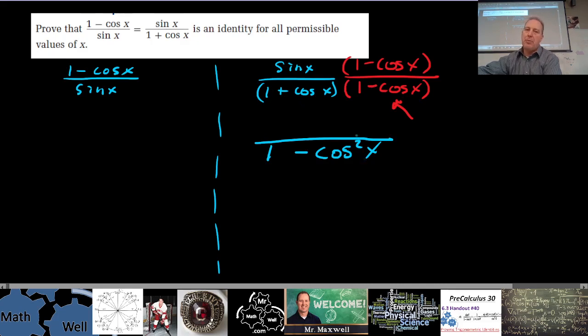Now the top. Be careful with the top. If you multiply this in, you're going to have sine x minus sine x cos x. There's nothing in there that is an identity. Sine x cos x is not in your list of identities.